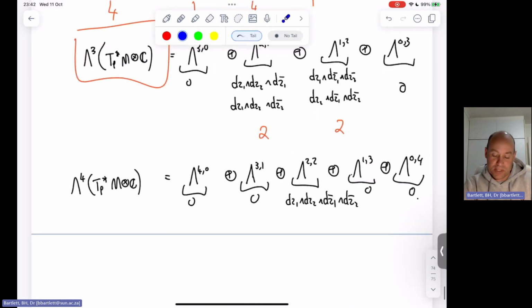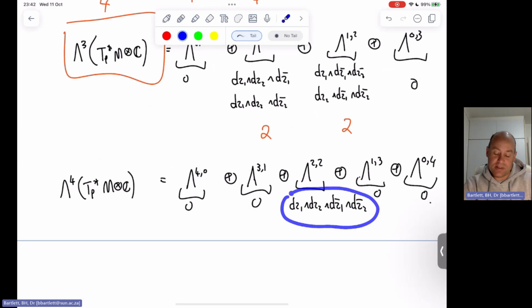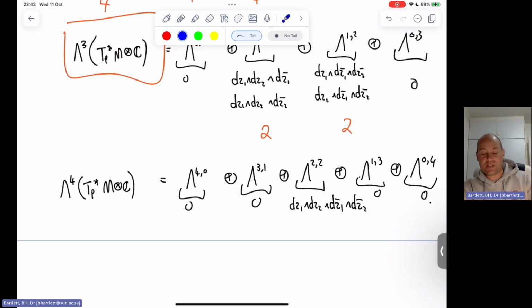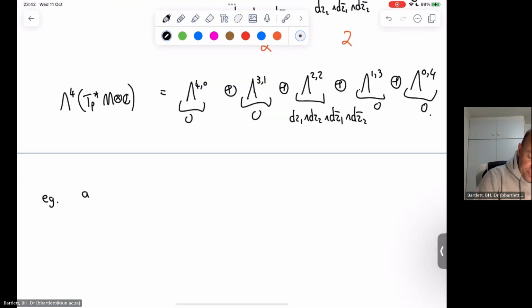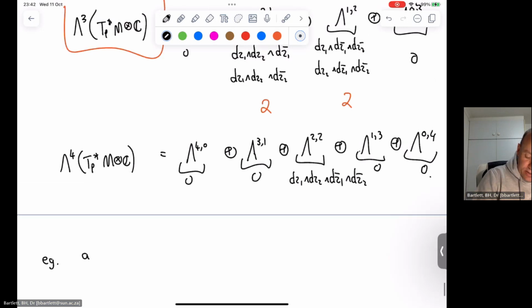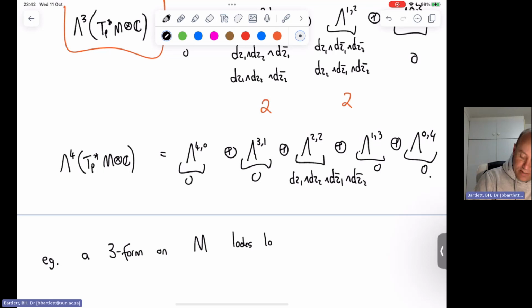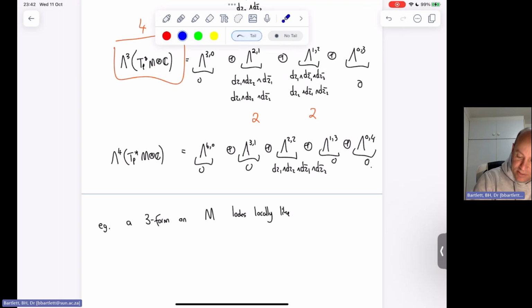So a form is just things that look like this, where you have coefficients in front that are now arbitrary smooth functions. For example, a 3-form on our complex manifold M looks like this locally in this chart. Remember, these are bases for the forms, so I can write it like this. Let's call it omega.